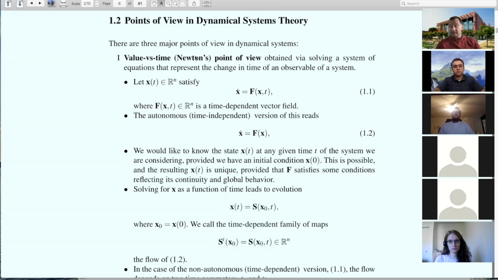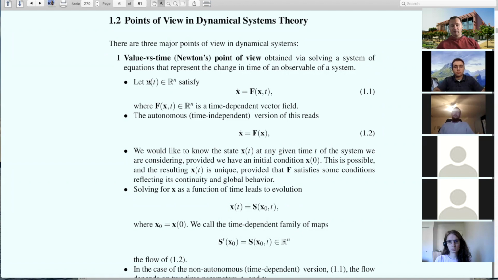And if you could find a solution of that ordinary differential equation, then you would usually plot it as value, which could be position or momentum of a system, versus time.